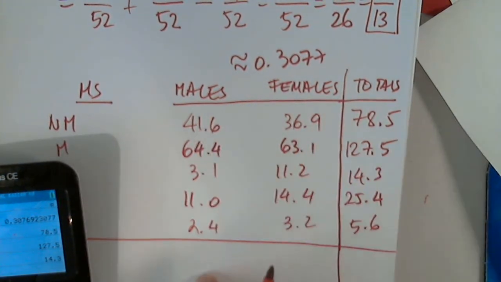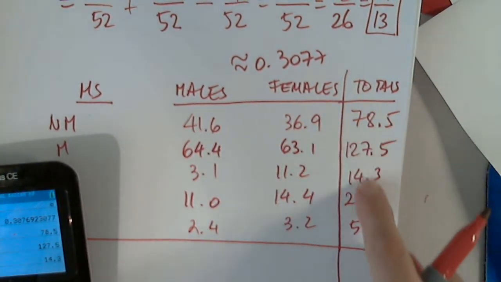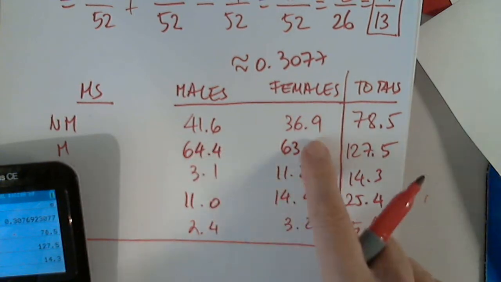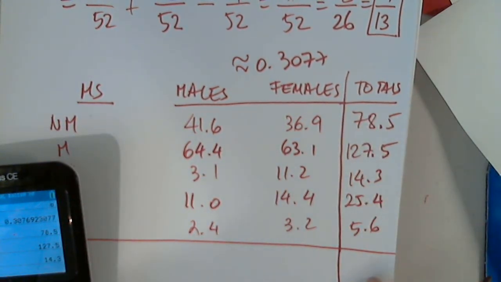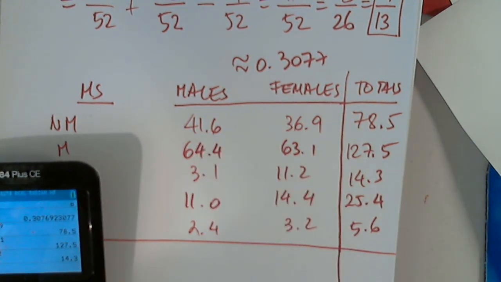Now I'm going to add these and create these totals and also the grand total. I will add them up and make sure I get this, and I will add them up and make sure I get this. Very important. So 41.6 plus 64.4 plus 3.1 plus 11 plus 2.4.